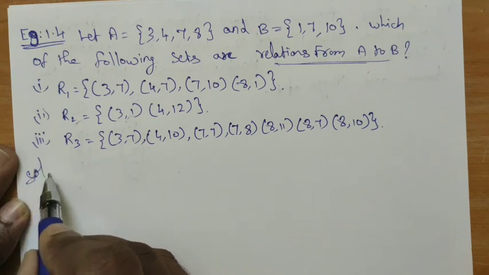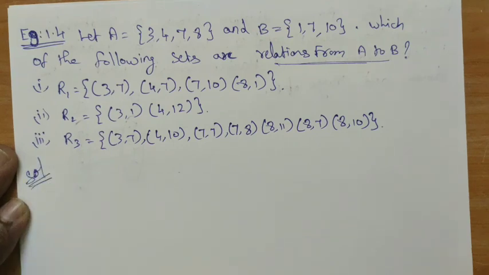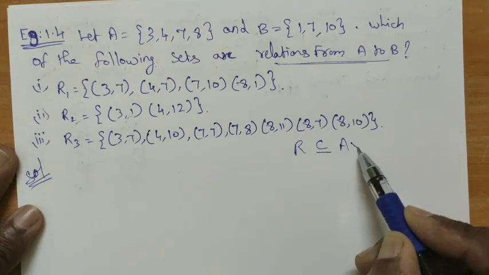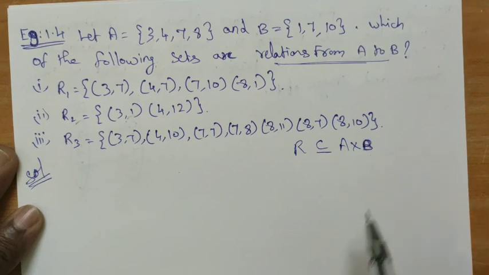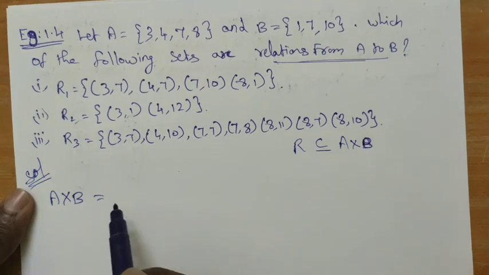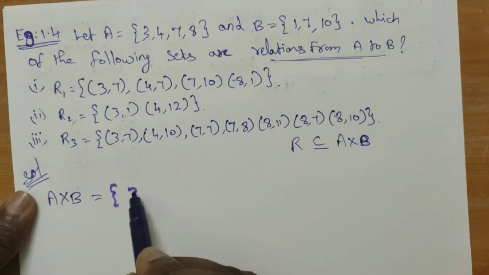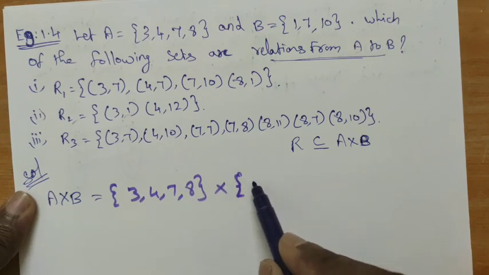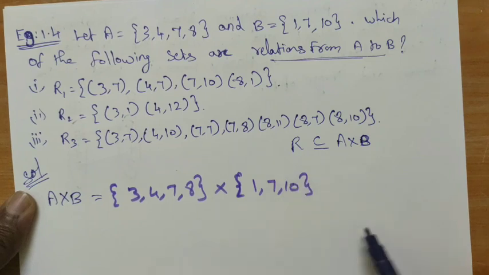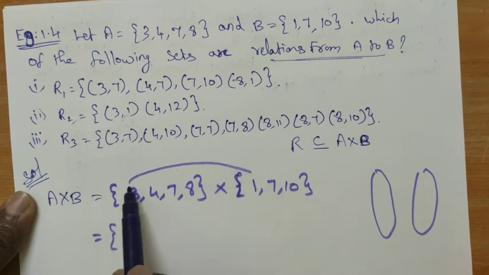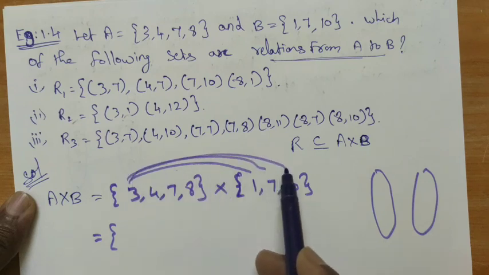First solution: if you want to find a relation, we know a relation is a subset of the Cartesian product of A and B, right? So we first find A cross B. The set A is 3, 4, 7, 8 and the set B is 1, 7, 10. 3 is mapping with 1, 3 with 7 and 3 with 10, right?